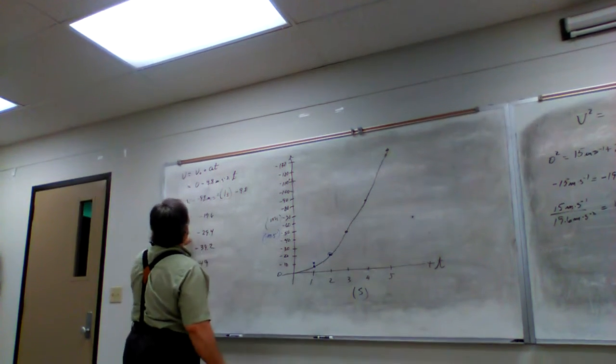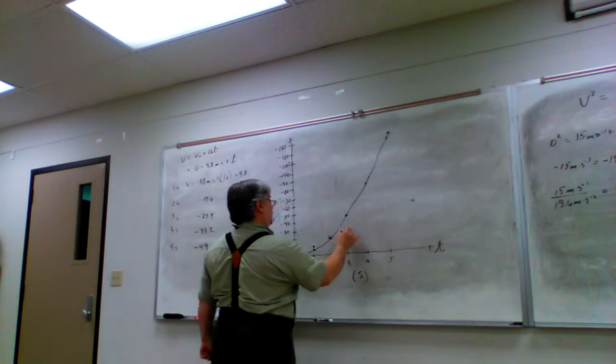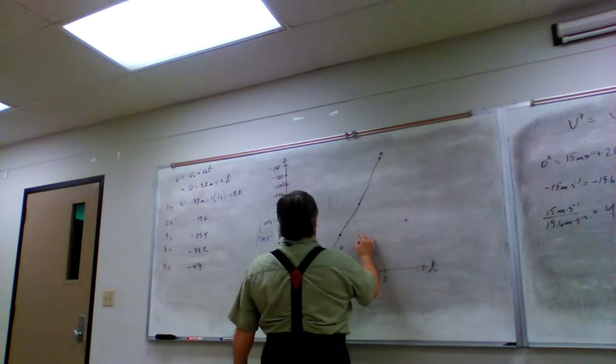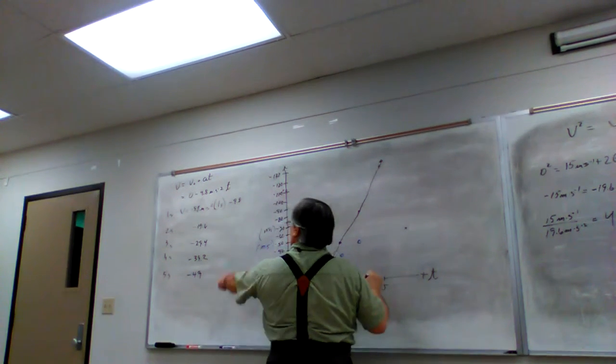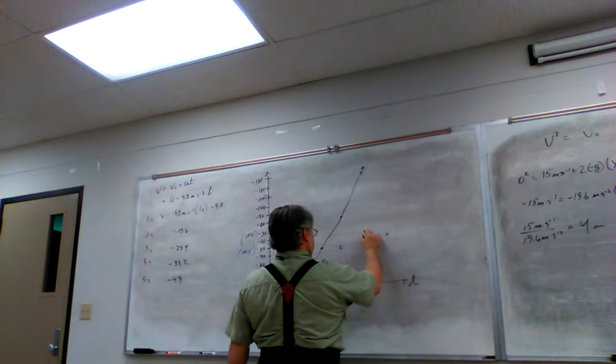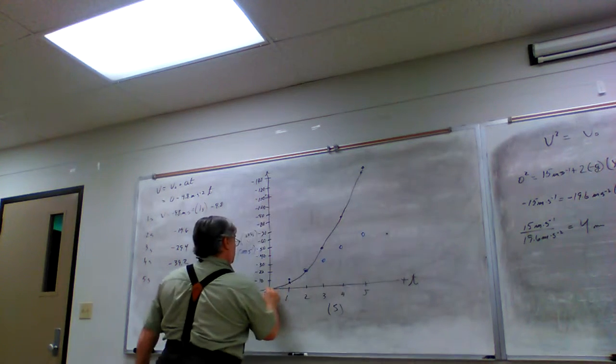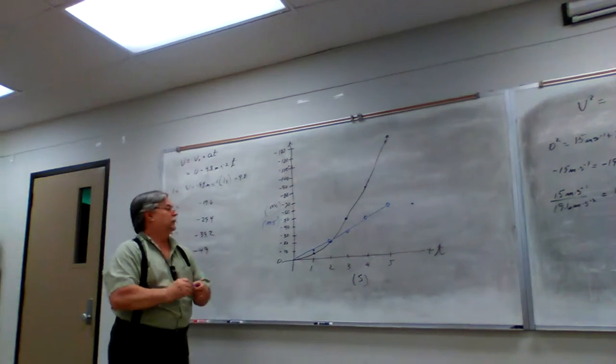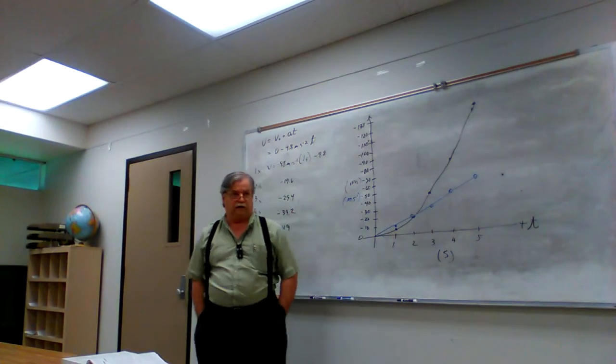Right there. At 3, we're at 29.4. And at 4, we're at 39. And at 5, we're at minus 49. There's your velocity as a function of time.